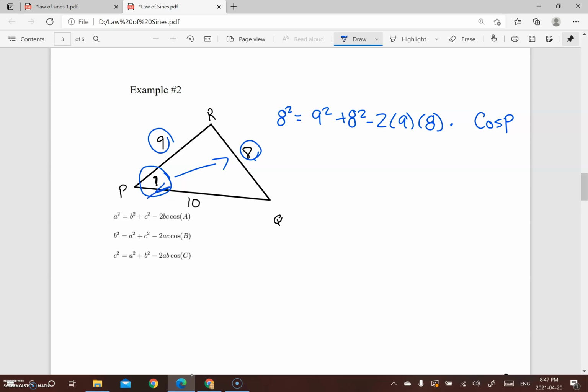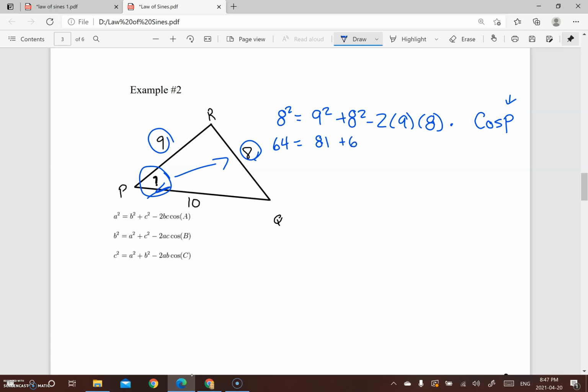So what I'm solving for is either at the start or at the end. And because it's the angle, it's at the end. This one is not quite as easy to solve for as the last because I need to get P by itself, but I have all of this math involved. So let's work through it step by step. 8 squared is 64. 9 squared is 81.